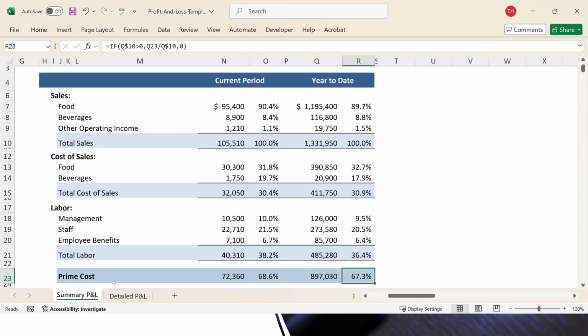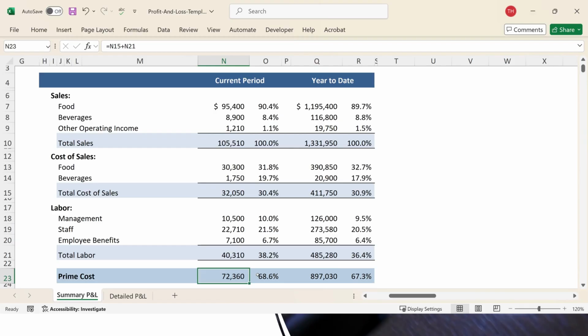We know our prime cost is basically our total cost of sales, so it'd be our food and beverage, plus our labor costs, and that will give us our prime cost. And the reason we pull it out and put it in its own little row here is that otherwise we'd have to take out our calculator each time. By doing it this way, we have it at our fingertips.